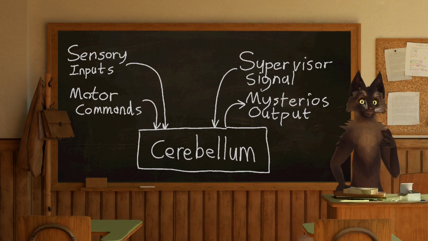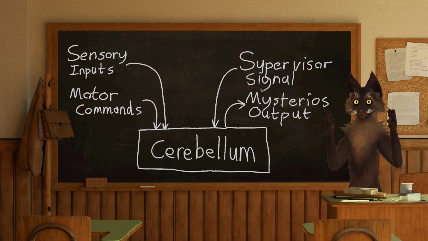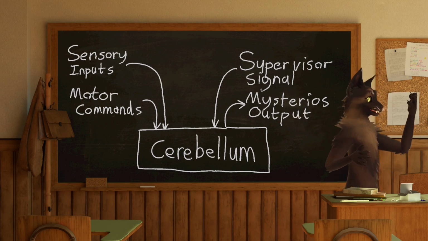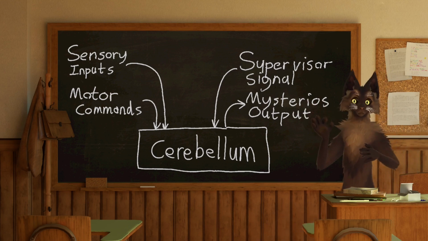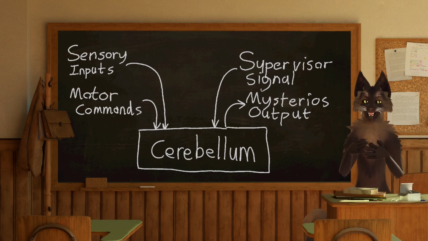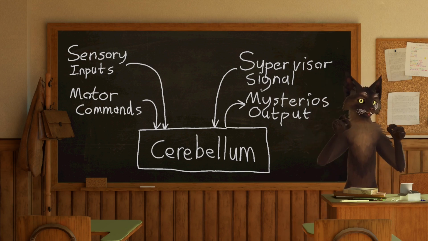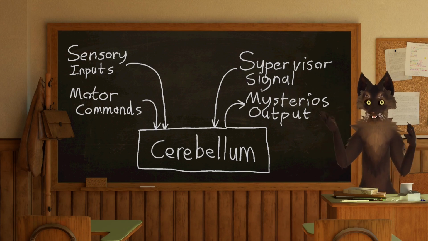An associative memory is a device that stores pairs of input and output values, and when it's presented with a known input, it will return the associated output value. Supervised learning is a class of learning algorithm in which an external supervisor or teacher signal provides the correct answer for the algorithm to learn from.